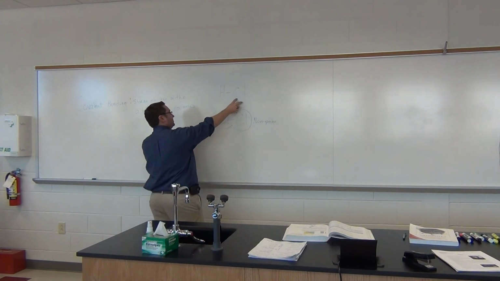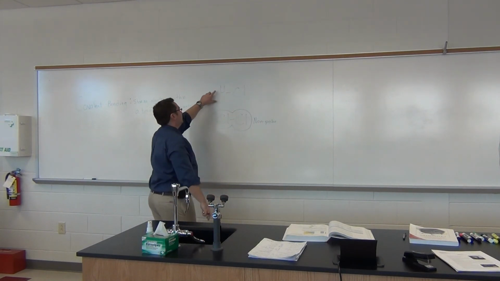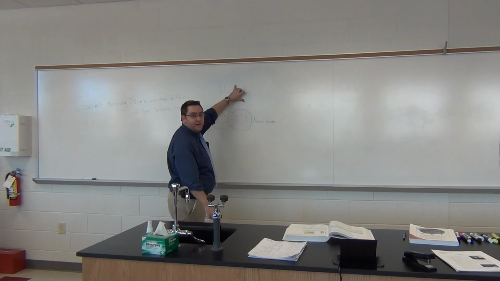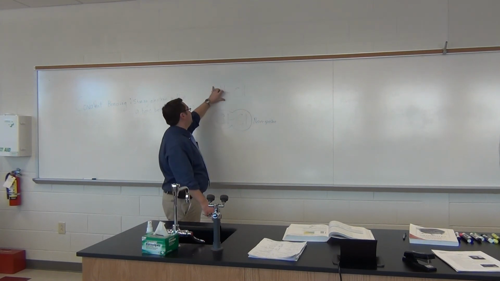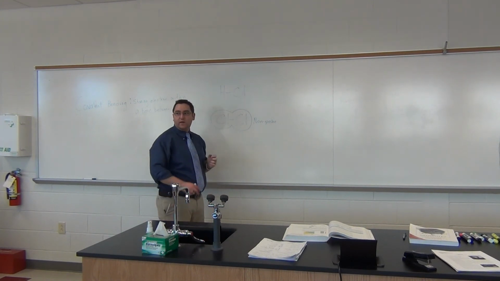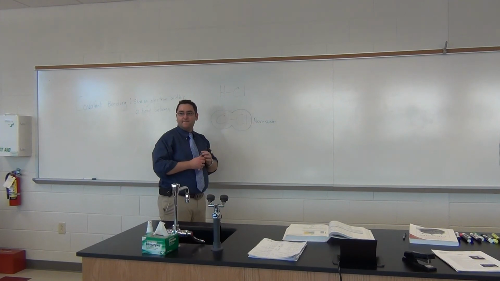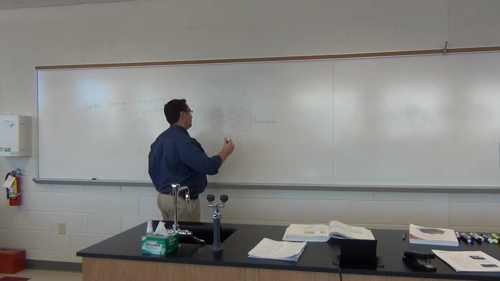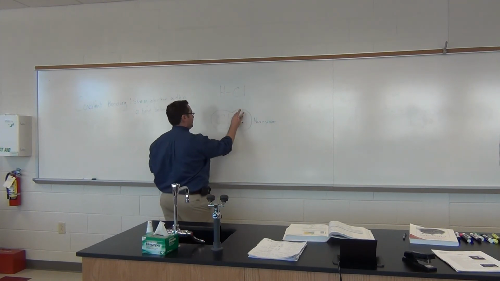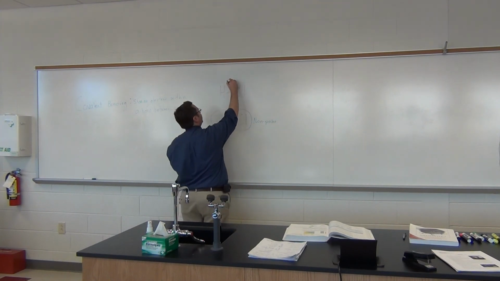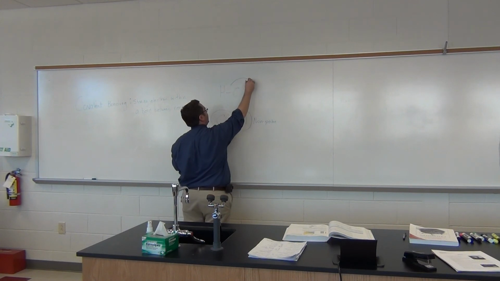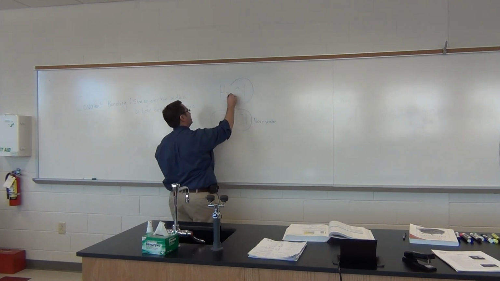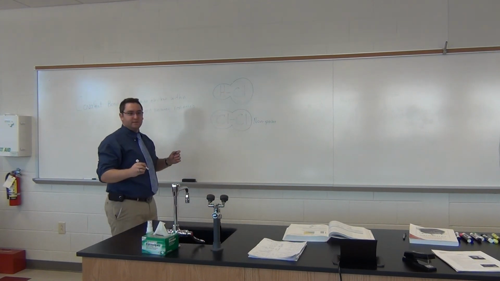Now if you look at hydrogen chloride, chlorine or hydrogen, which one is more electronegative? Chlorine. Yeah. So if we draw a similar cloud around this to represent where the electrons would want to reside, it looks something like this.